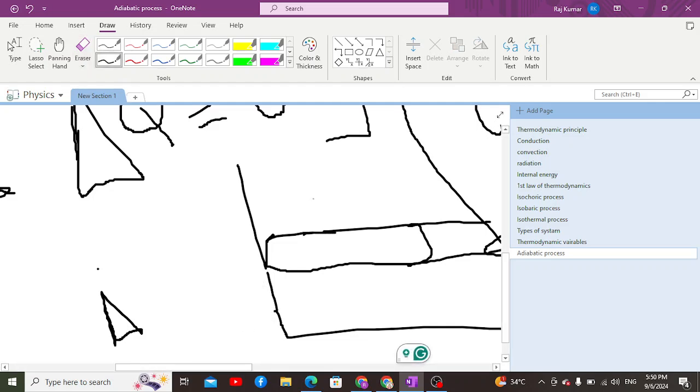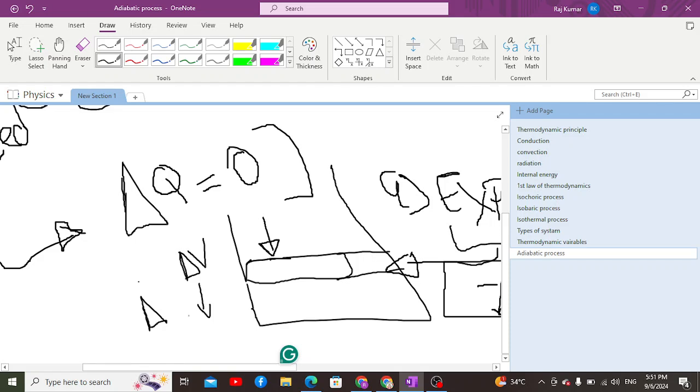Work done on the system will cause a decrease in the volume of the system, because work is being done externally on the system, due to which the pressure would be increased and the change in volume would be negative.